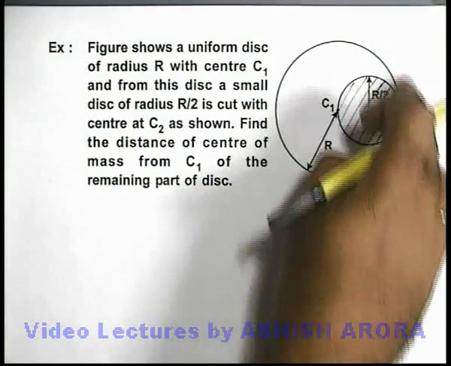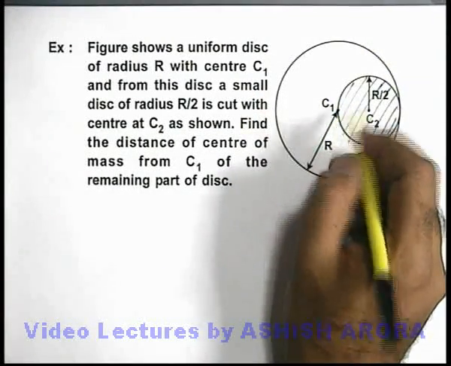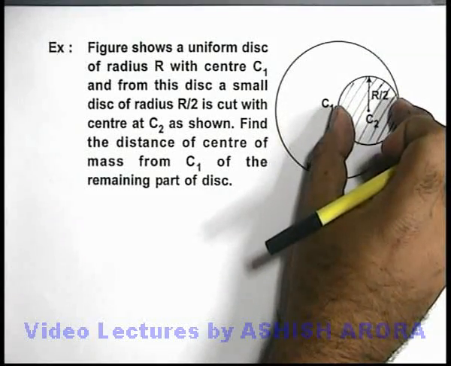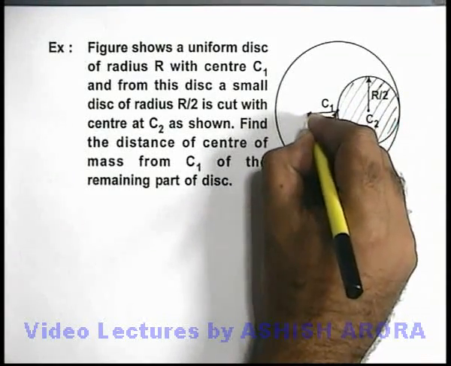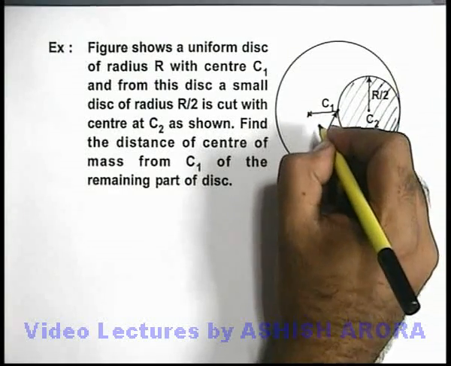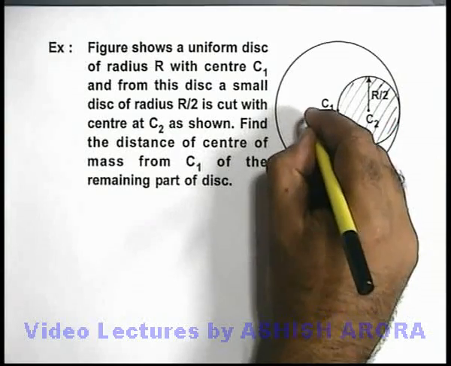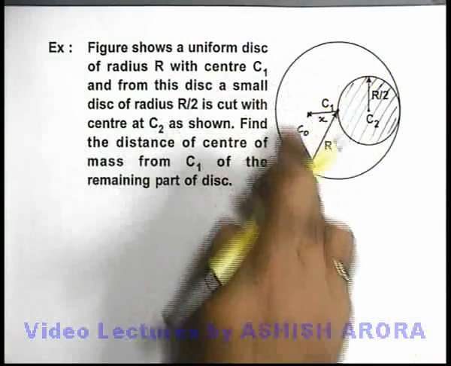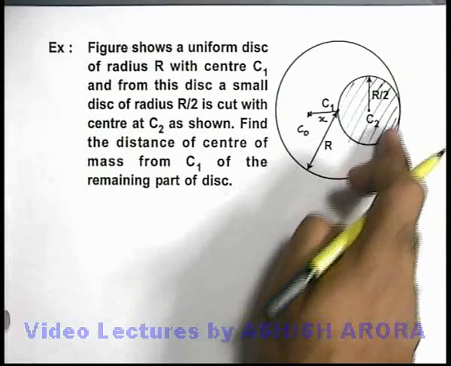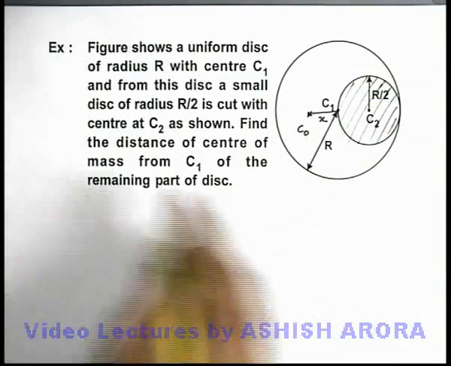Certainly we can state when the disk was complete, its center of mass was located at C1. A part on its right side is removed, certainly center of mass will shift somehow to the left hand side, say by a distance x. So this will be the center of mass C0 of the remaining part of disk after cutting the smaller disk. So we are required to find the value of x.